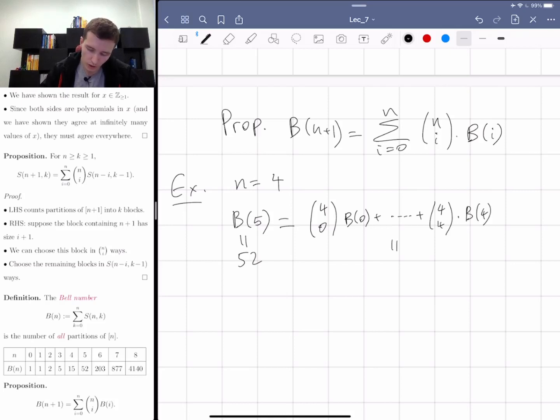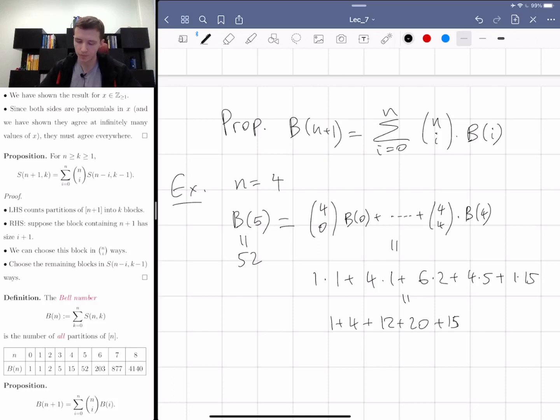Okay, 4 choose 0 is 1, 1 times b of 0, that's 1. 4 choose 1 is 4 times b of 1, that's 1. 4 choose 2 is 6, times b of 2, that's 2. 4 choose 3 is 4, b of 3 is 5, and 4 choose 4 is 1, times b of 4, that's 15. So the answer is 1 plus 4 plus 12 plus 20 plus 15. That is 52. Yeah, that's correct.